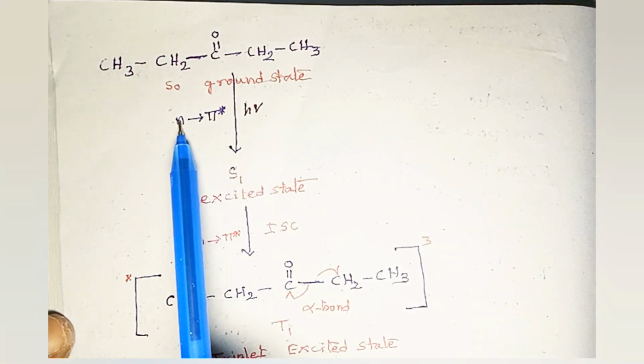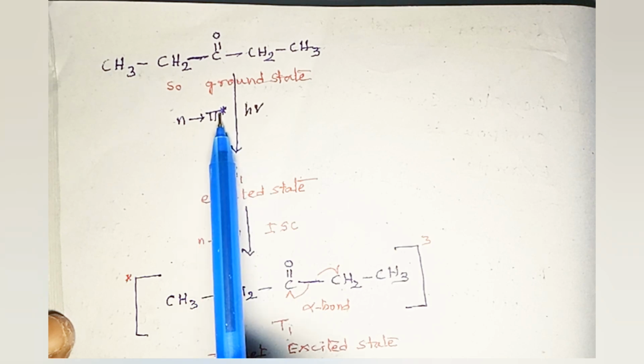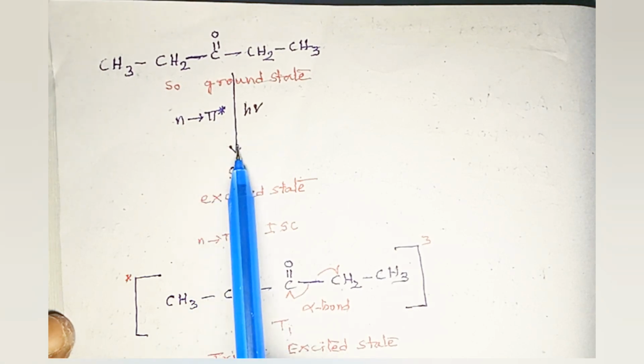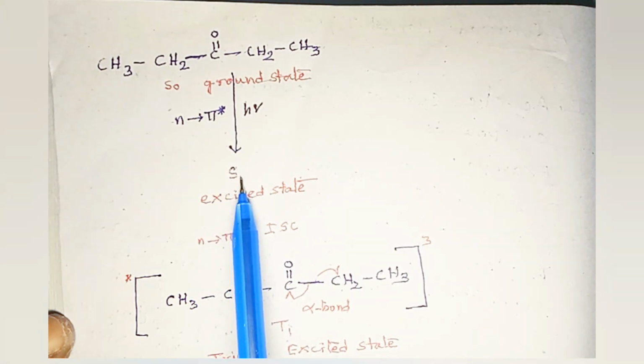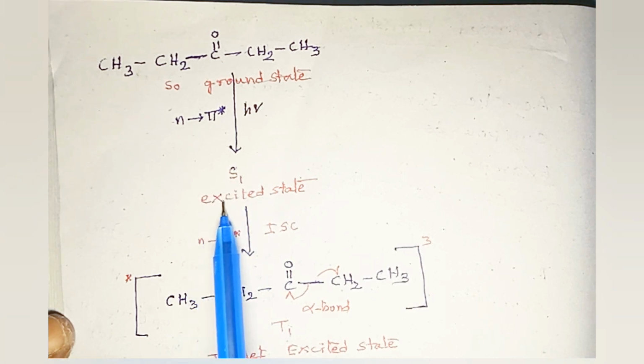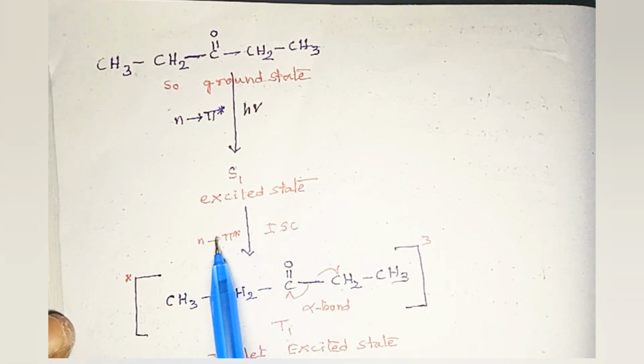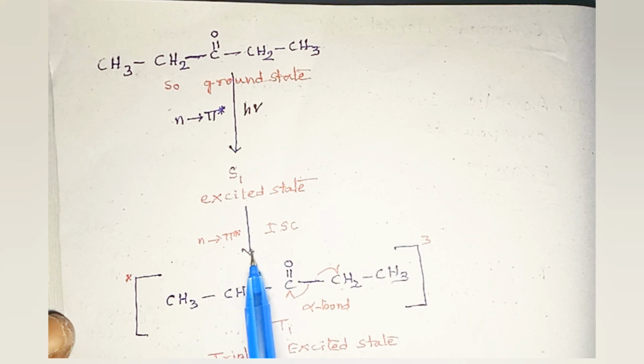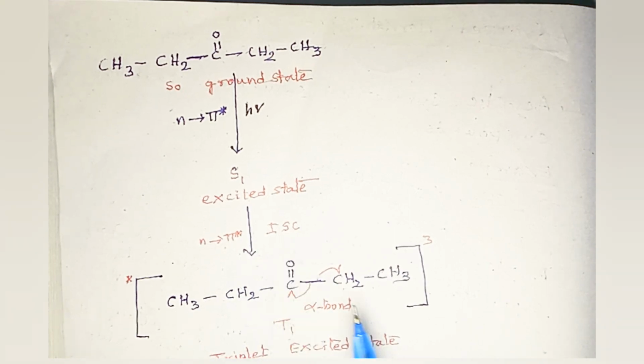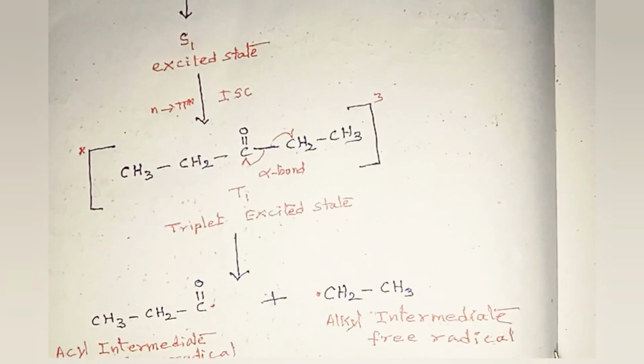When it is irradiated by UV light, it is excited by n to pi star transition and enters S1, that is the singlet excited state. From the singlet excited state, through intersystem crossing, it enters the triplet state.